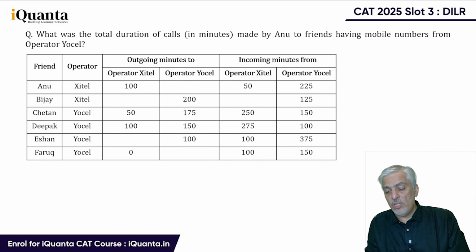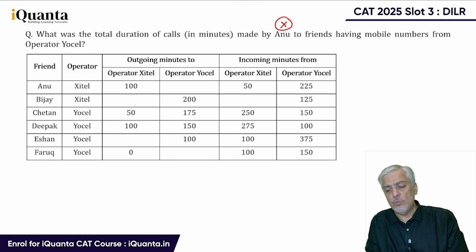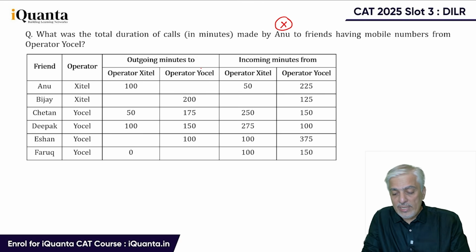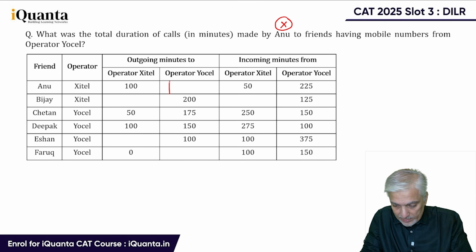Total duration of calls made by A to friends having mobile number with operator Y. Now let's concentrate over here. A is type X mobile user, the company which he uses. Now outgoing 2. So we want to find this number.